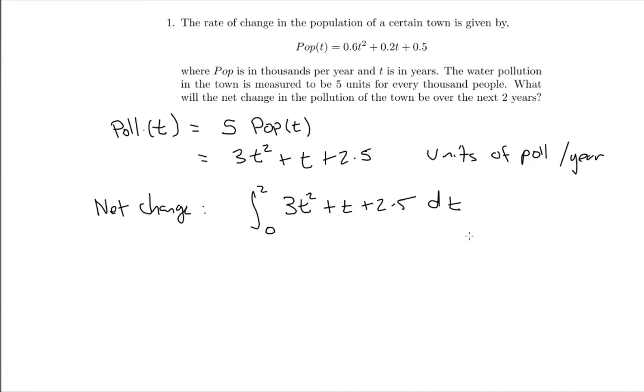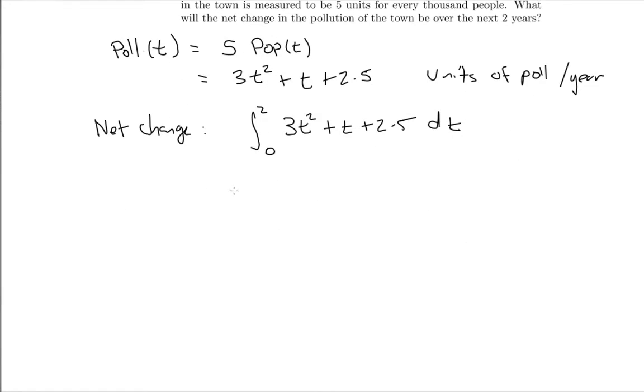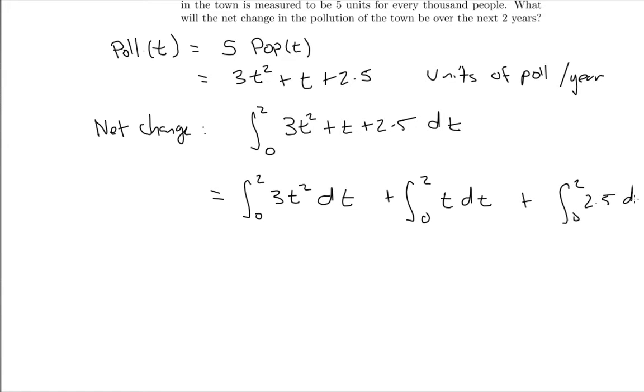Now if I carry out this definite integral, I can calculate the net change in pollution over the next 2 years. I'm going to use my definite integral rules, which allow me to break this definite integral up into 3 separate integrals: the integral from 0 to 2 of 3t squared dt, plus 0 to 2 of t dt, plus 0 to 2 of 2.5 dt.